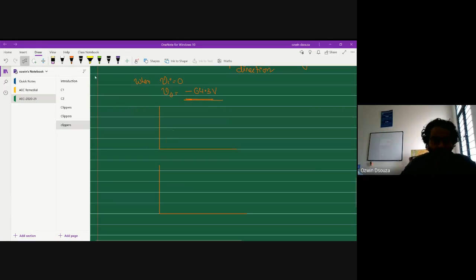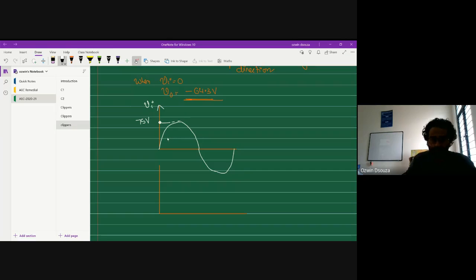First, let us draw the input, Vi. This is the maximum voltage, 75 volts.